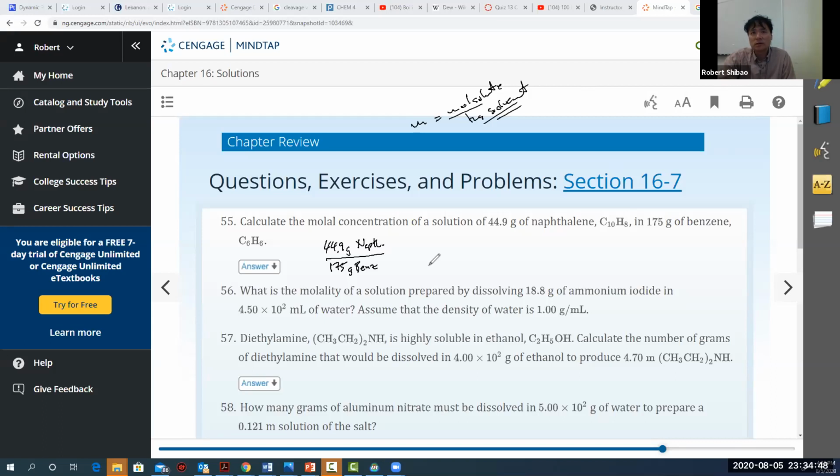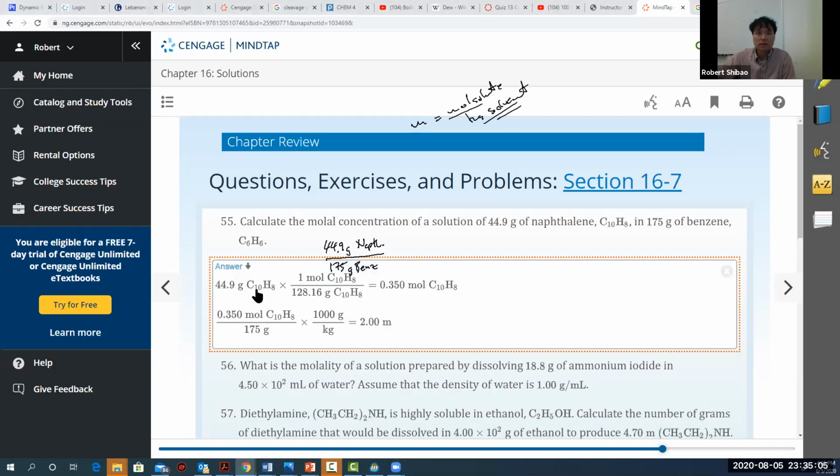And so this is the solvent here. And so I need to go grams to moles. So I need the molar mass of naphthalene, and then I need to convert grams into kilograms, and then I'm done. And so that's what should have been done here.